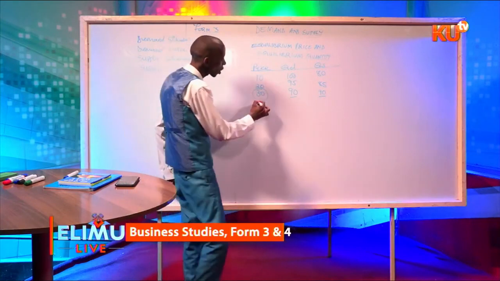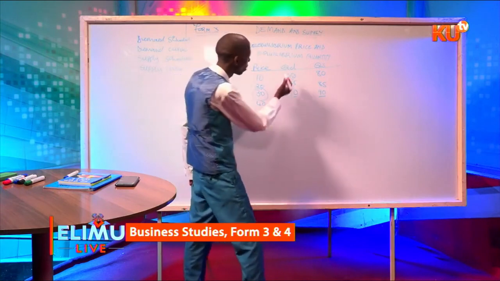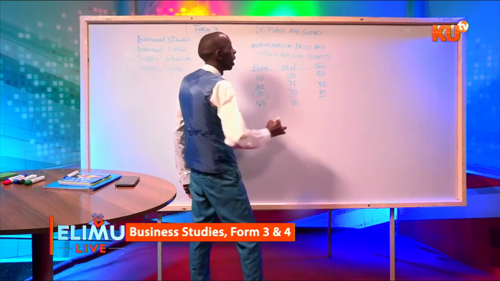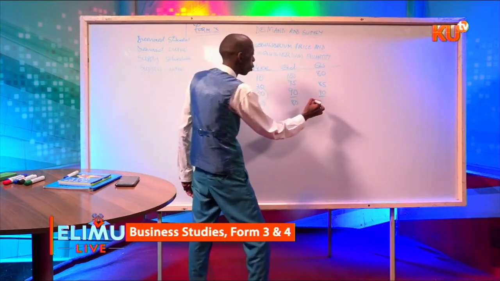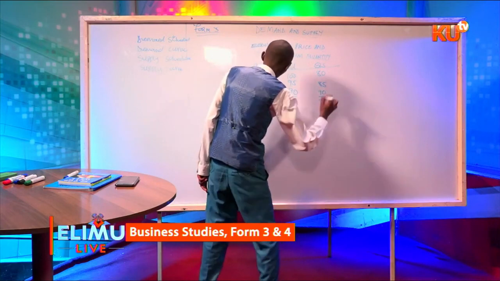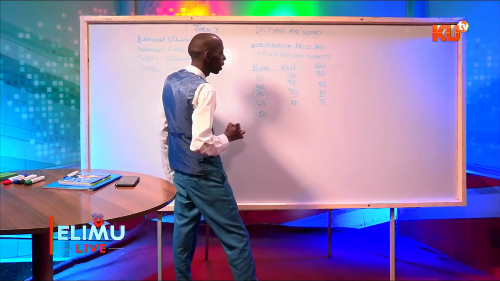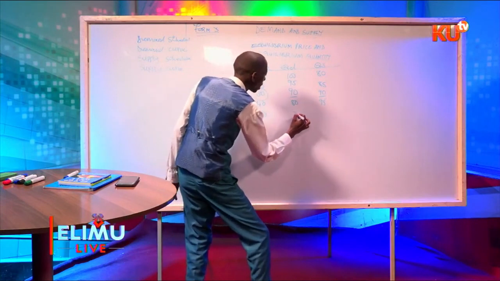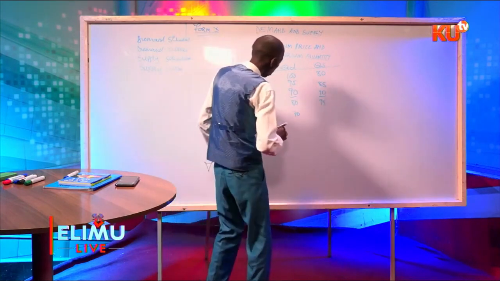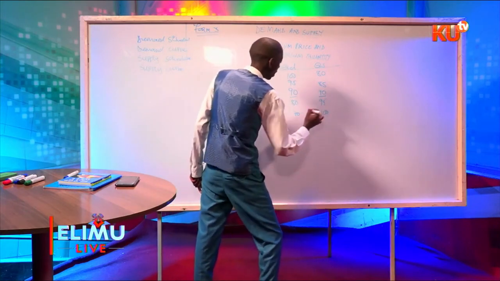As the price continues to increase to 40, the quantity demanded will continue to decrease to 80 and the quantity supplied will increase to 95. At price 50, the quantity demanded will decrease to 70 according to the law of demand, and the quantity supplied will increase to 100.